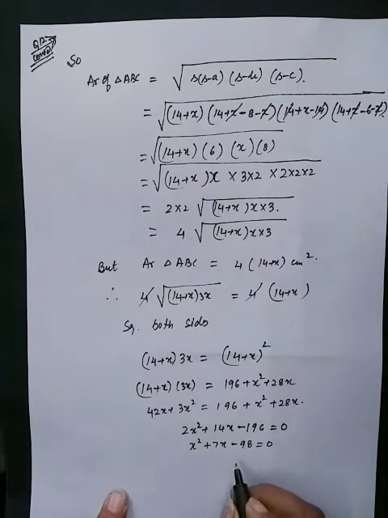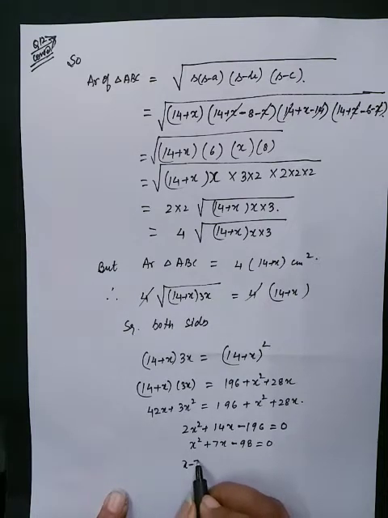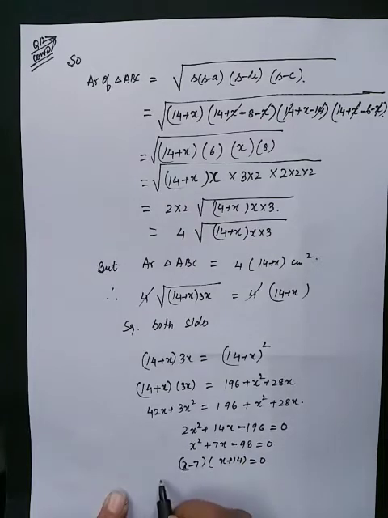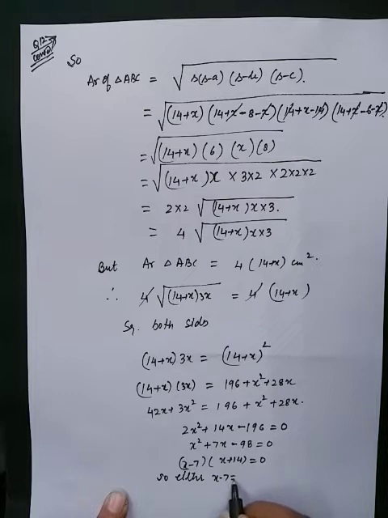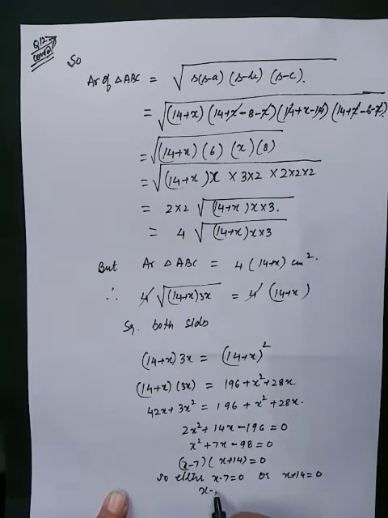And factorizing it by using splitting middle term, we will get two factors of it, x minus 7 into x plus 14 is equal to 0. So either x minus 7 is equal to 0 or x plus 14 is equal to 0. We get x is equal to 7 and x is equal to minus 14.